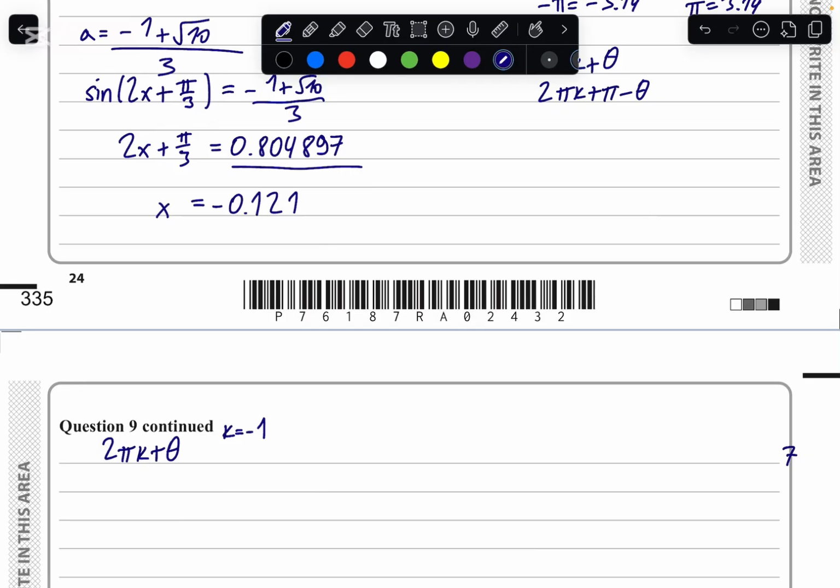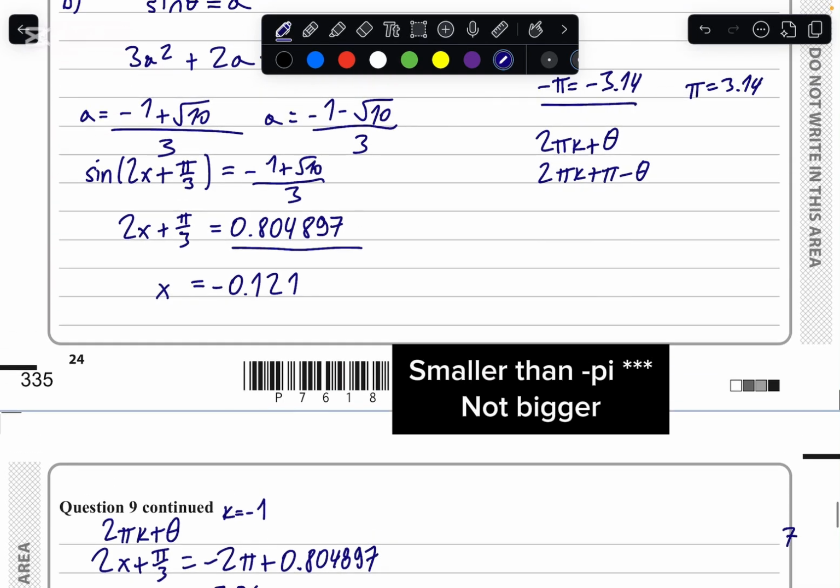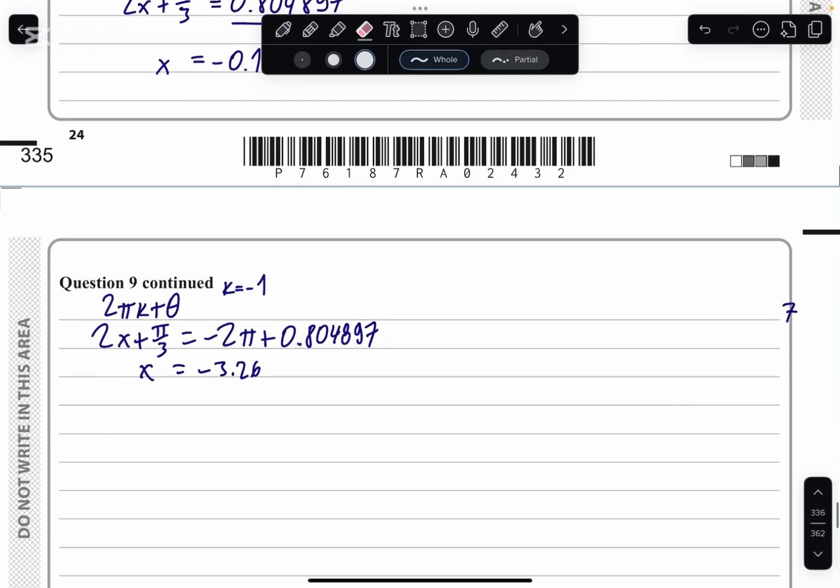So we can say that 2x plus pi over 3 equals to minus 2 pi plus 0.804897. And if we leave x alone, we get x is minus 3.26, which is bigger than the pi, so that will be rejected. So we can go ahead and rub that out.